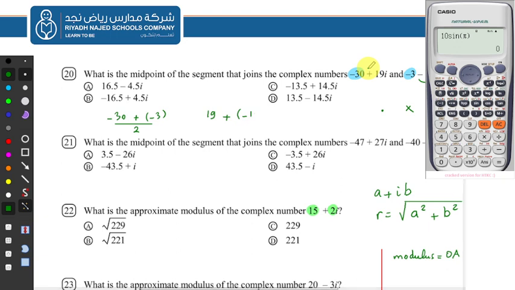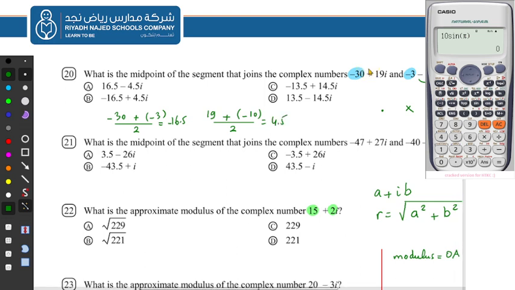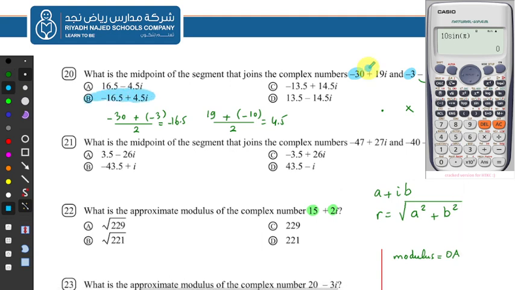So you add negative 10 and divide by 2. Use your calculator. This is negative 16.5 and this is 4.5. The correct answer, you have a point, negative 16.5 as real part, and 4.5 as imaginary part. So the correct answer is B.